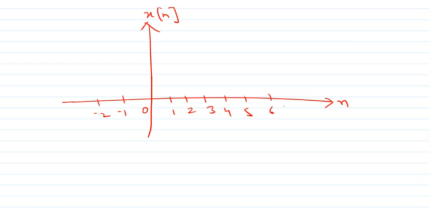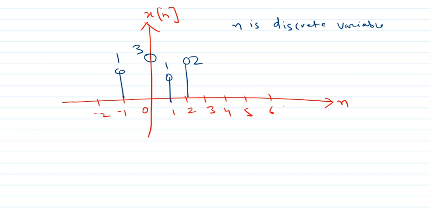So this is an example of a discrete time signal. Basically that n is a discrete variable.